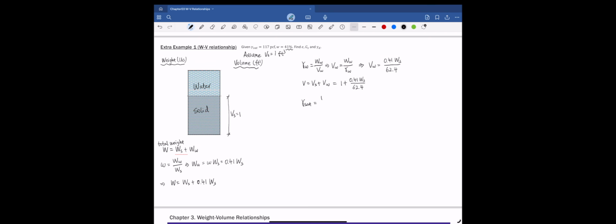And then now we can plug in the saturated unit weight definition, total weight over total volume. And saturated unit weight is given, which is 117 pounds per cubic foot. And plug in the weight of solid and the total volume into this expression.